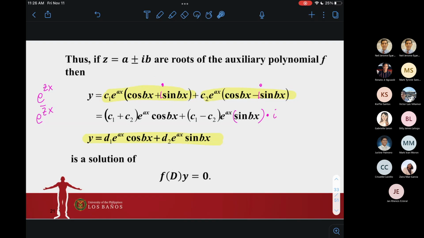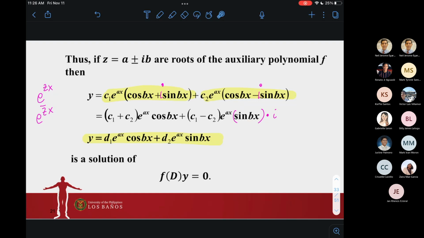So, kunin mo yung apat na terms. So, meron ka nito times this guy, tapos ito times that guy, alright? Plus this guy times that guy, plus this guy times this guy. Alright? So, magkakaroon ka ng apat na terms. Tapos, igrupo mo yung may mga e to the ax cosine bx. Tapos, igrupo mo yung may mga e to the ax times sine bx.